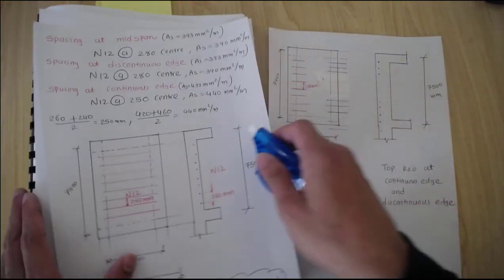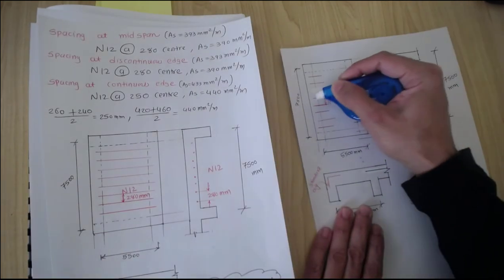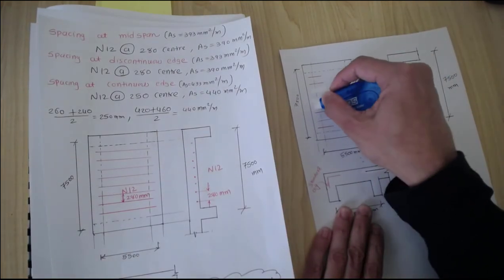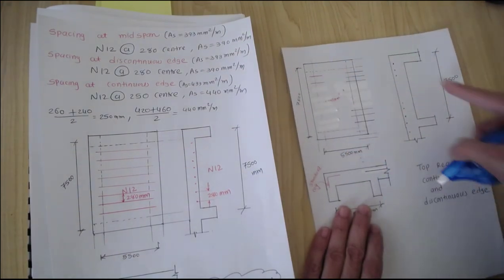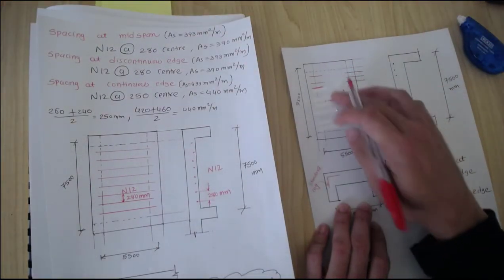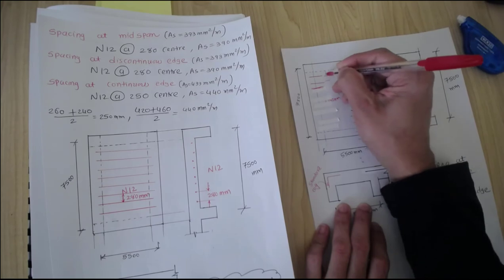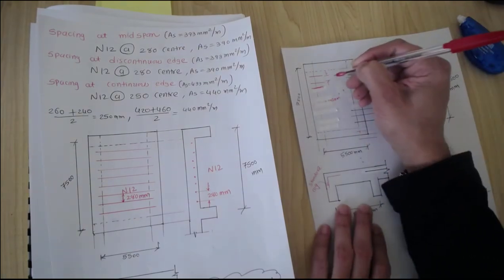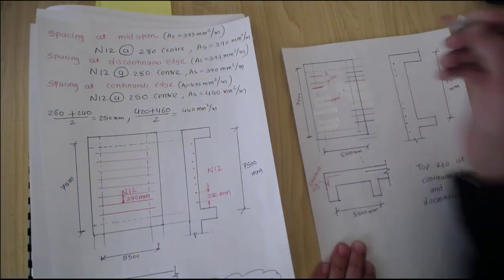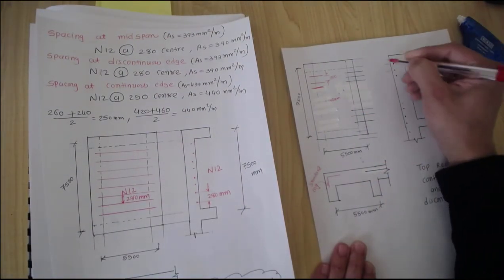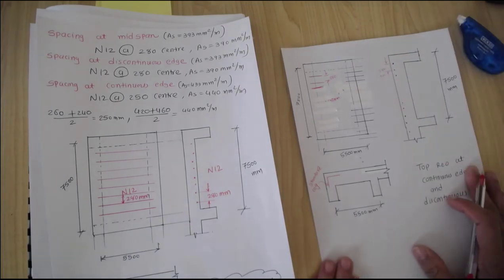So I have a correction here: we don't need to provide all the bars. We just need these three bars at this edge, at these supports. Please make a correction here. So these values were, I think, 280 millimeters. So here we have a discontinuous edge with 280 millimeters center to center distance.